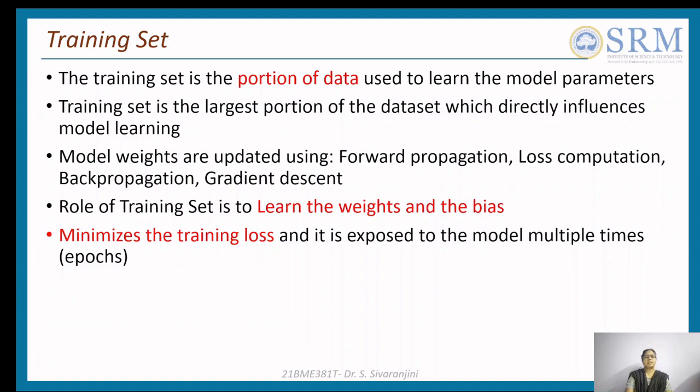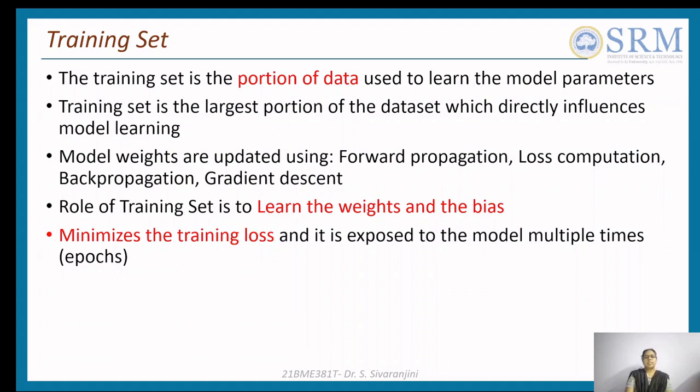So moving on, what is the training set? The training set is the portion of the data used to learn the model parameters. In the example I quoted, it is the learning that the student does for the sake of preparation for the examination. Here in neural networks, this is the largest portion of the data set, which directly influences the model learning.